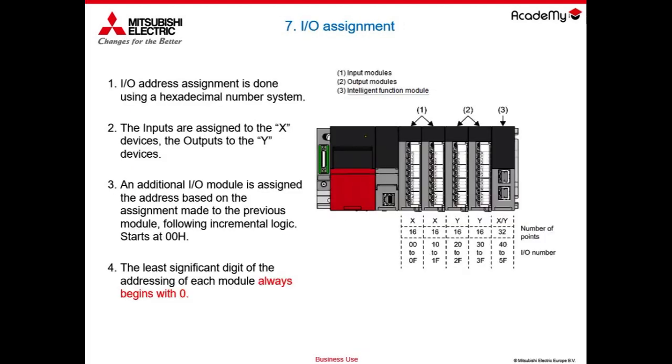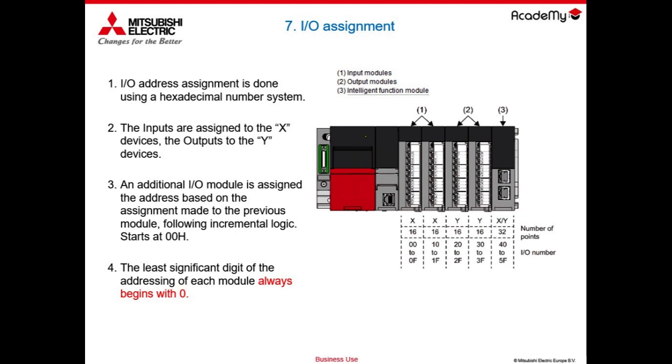Now let's talk about the I/O assignment. The I/O assignment is a very important part of the tool. The I/O address is assigned using a numeric hexadecimal system. The inputs are assigned to the X devices, the outputs to the Y devices. So in our system, when we go to the GX Works tree, we will point to the inputs through the memory, the X0 input, X1 or XF, or similarly.